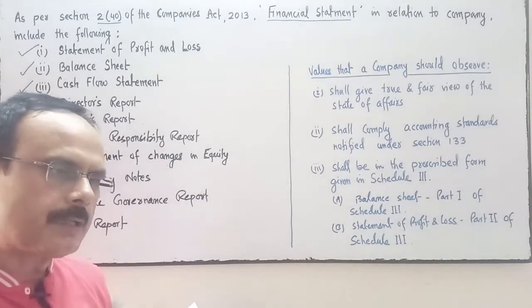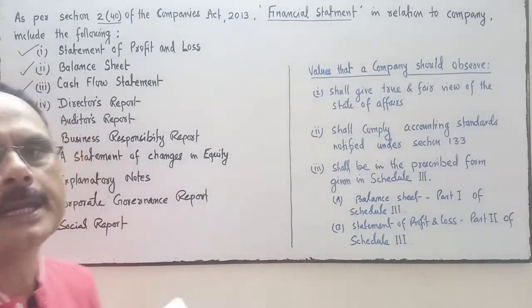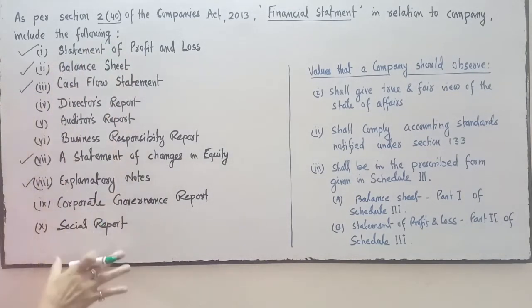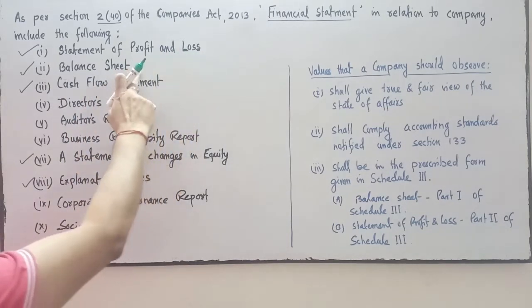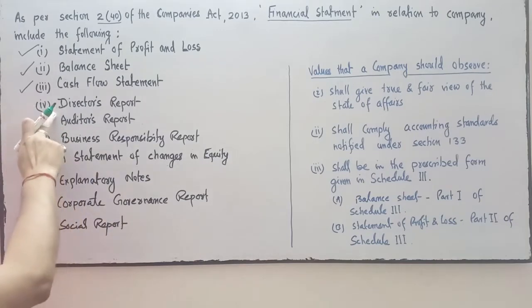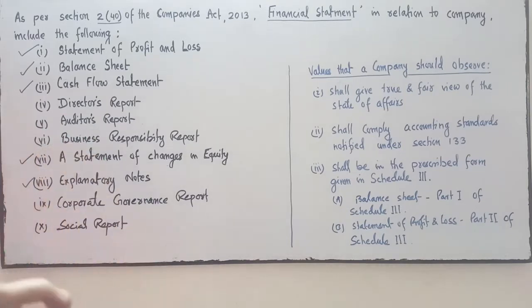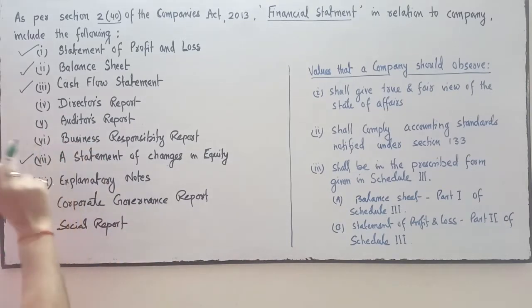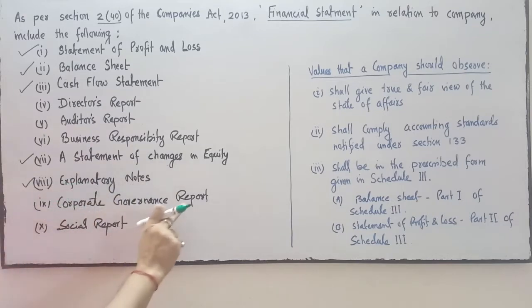When I'm talking about the annual report of a company, the annual report includes all these things: statement of profit and loss, balance sheet, cash flow statement, director's report, auditor's report, business responsibility report, statement of change in equity, explanatory notes, corporate governance report and social report.